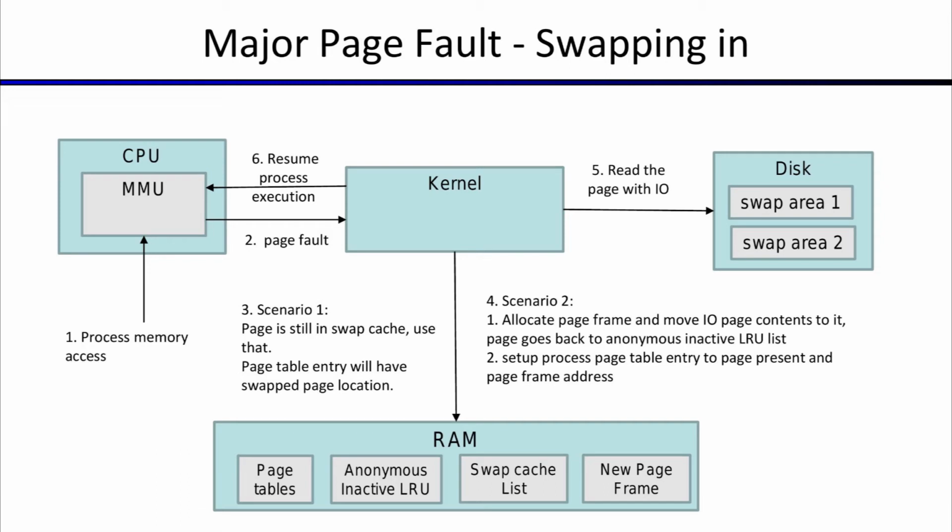And then it has to do the page table entry sets to mark the page back as present, and that it is available to use, and put the page frame address in that page table entry. And the page also goes back to the anonymous inactive list at this point because it has been accessed now. And the kernel will return back from the page fault handler so that the CPU can resume processing.